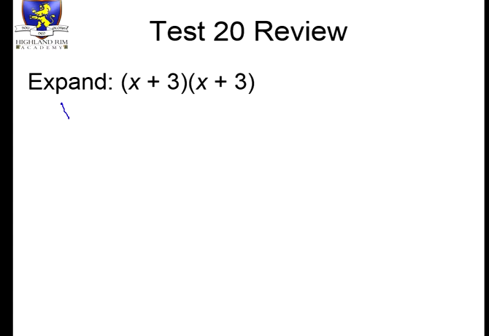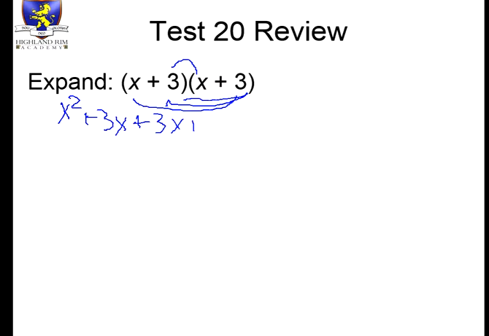So we end up first, x times x is x squared. Then we have outside, which is plus 3x. Then we have our inside, which is another plus 3x. And then we have last, which is plus 9.